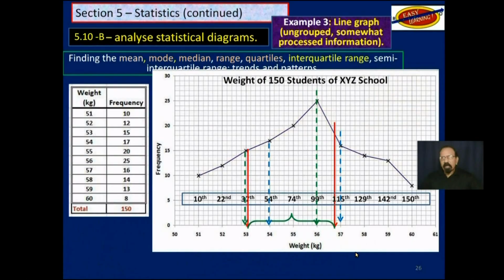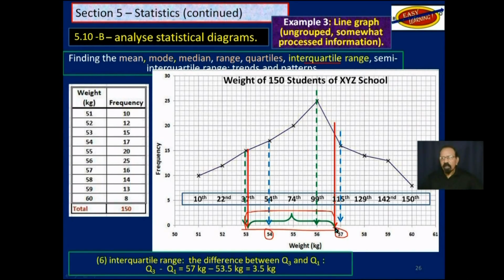That's Q3. Now, interquartile range, of course, is the difference between Q1 and Q3, which is this green line here. Q1 we said was 53.5. Q3 we said was 57. So the interquartile range would be the difference between Q3 and Q1.